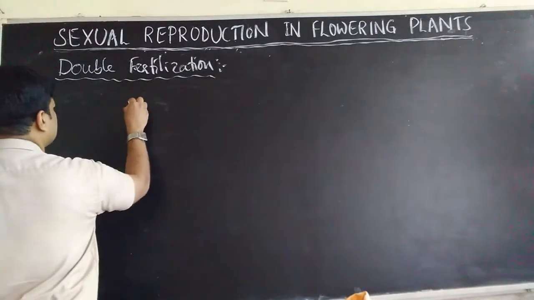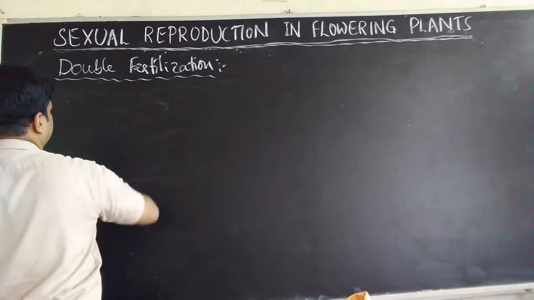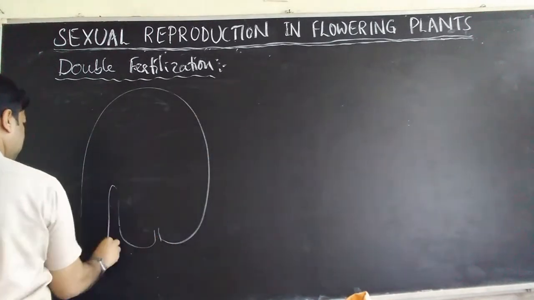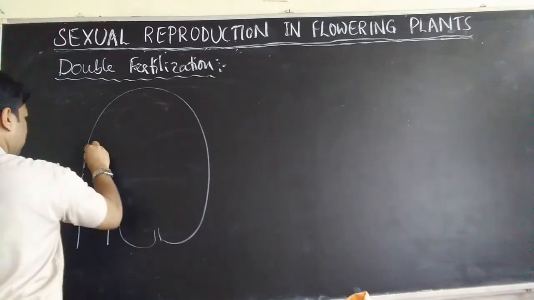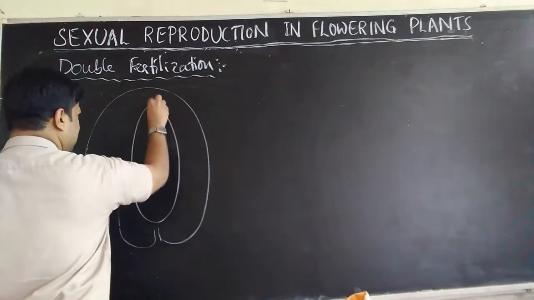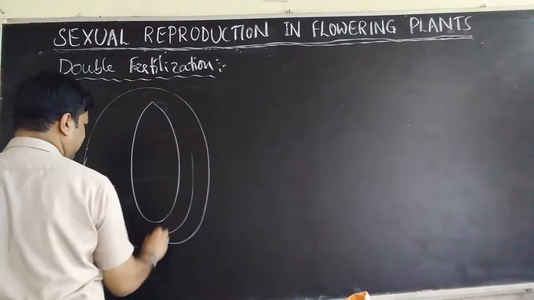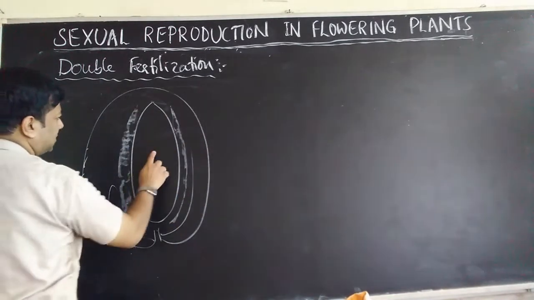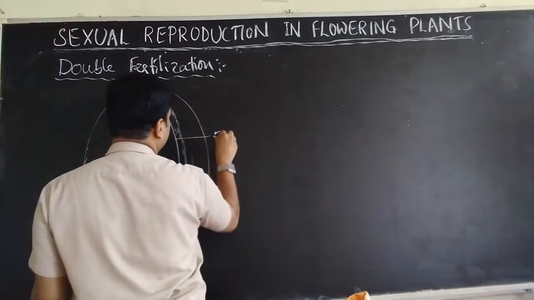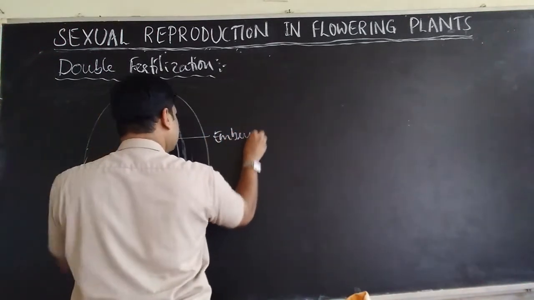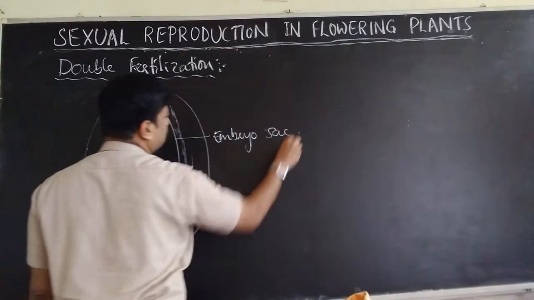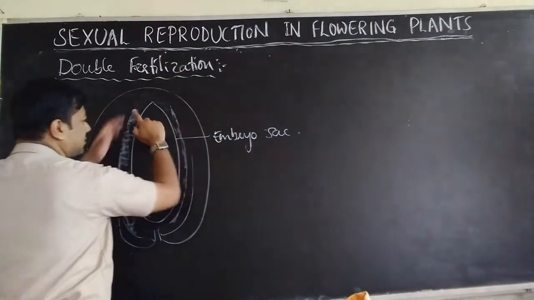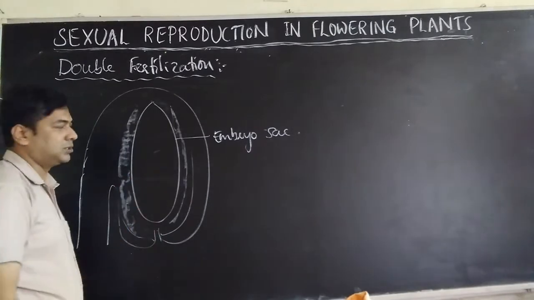Suppose, if you remember, this is an ovule, and this is the embryo sac. These are the integuments. This is the nucellus. So this is the embryo sac. Sac means a bag-like structure which contains the embryo.